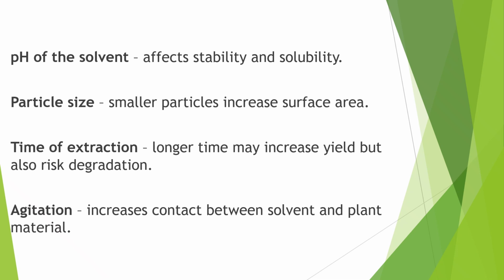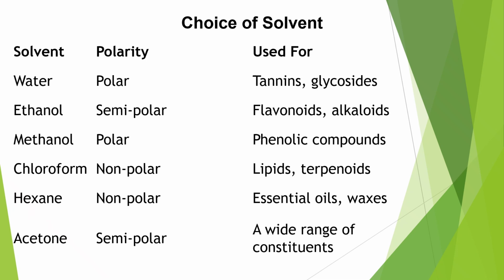Particle size: smaller particles increase surface area, which may be one of the major factors as far as penetration of the surface area by the solvent is concerned. The time of the extraction process: longer time may increase yield value, but there is also a risk of degradation. In the case of agitation, it increases contact between solvent and plant material.